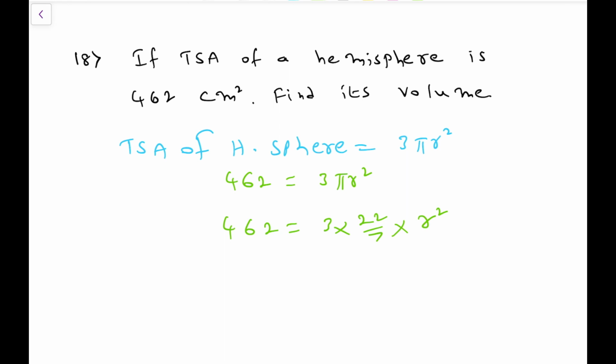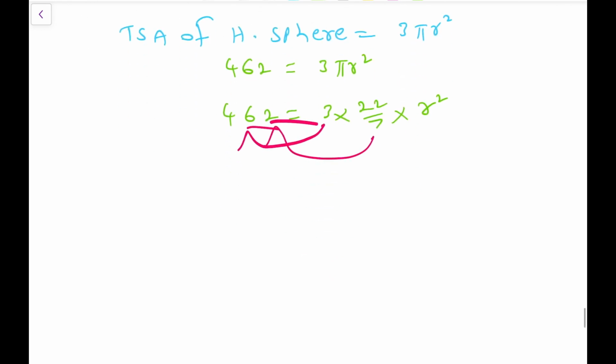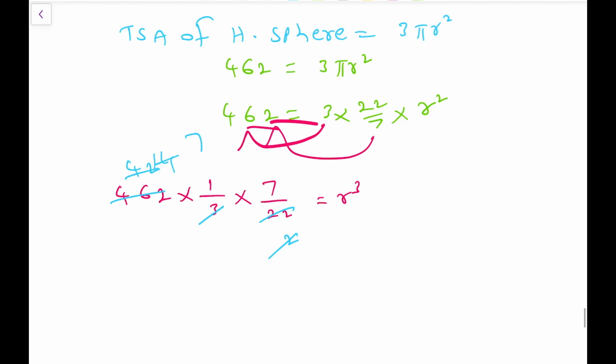Now take 3 to the left side. 22 by 7 also I will take to the left side. So we will get 462 into 1 by 3, reciprocal of 3. 22 by 7 also becomes reciprocal 7 by 22, is equal to r square. 11 2s are 22, 42 is 3 1s are 3, 14s are 2 1s are 2, 7s are 49.